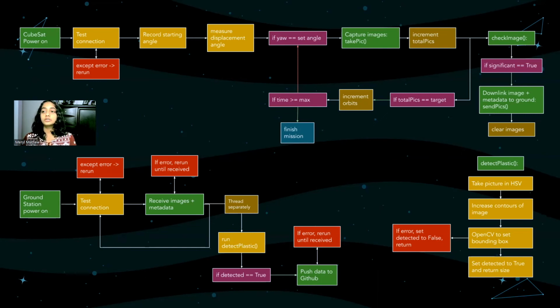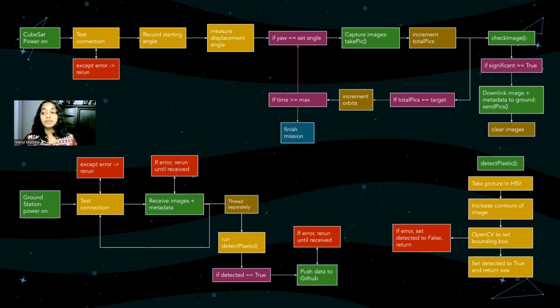Those are things which can be done on the CubeSat itself without using up too much processing power, while still being able to maximize the efficiency of our entire system. If the CubeSat determines the image to be significant, it'll downlink the image to the ground station later, and it will clear the images to conserve storage.